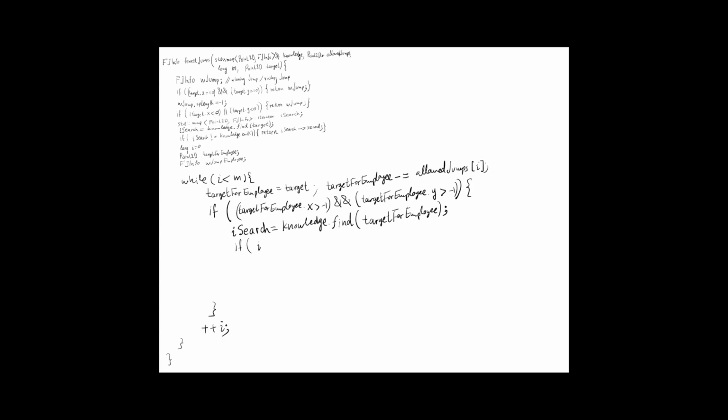If we found something, and we test whether we found it by comparing this iterator with knowledge end, W, the winning jump from the employee, is I search second.